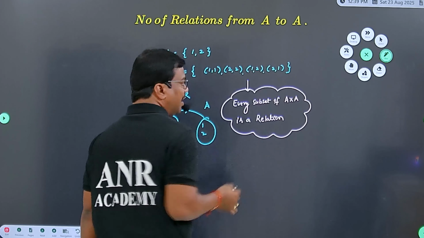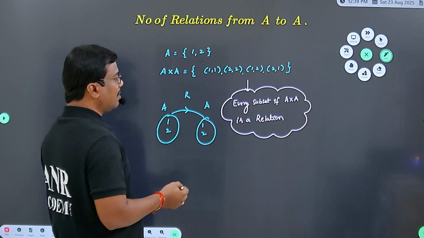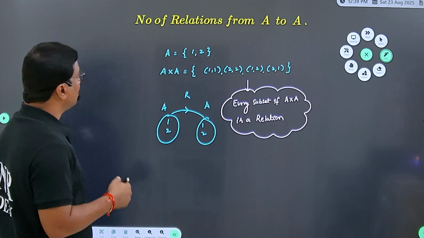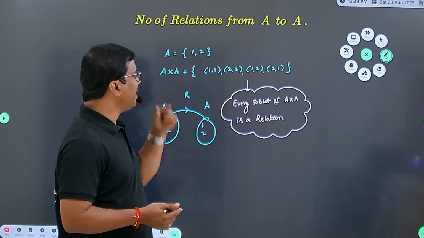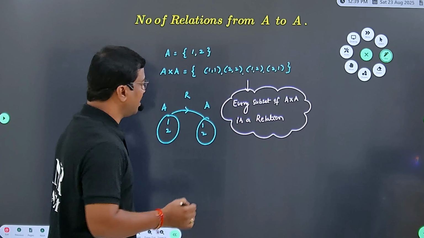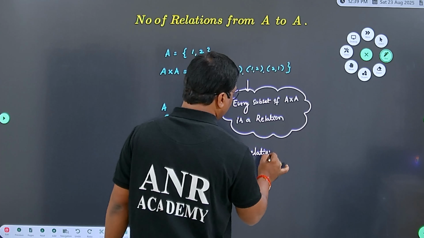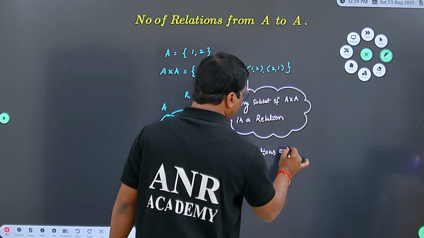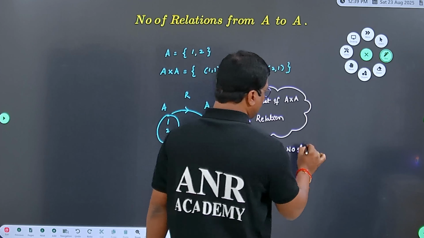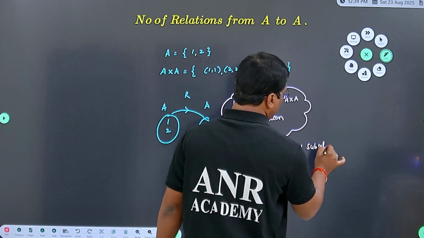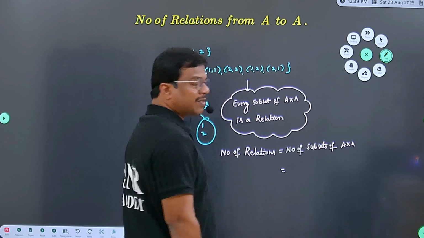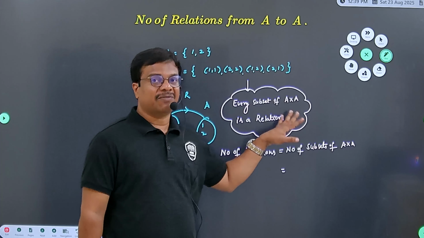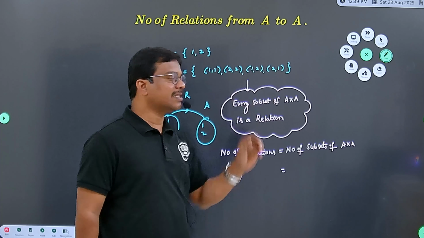So by the definition, every subset of A cross A is a relation, which means the total number of relations indicates the total number of subsets of A cross A. So here I am writing: number of relations equals the number of subsets of A cross A. In this case, by the formula for the number of subsets of a given set, it is 2 to the power of the number of entries in that set.